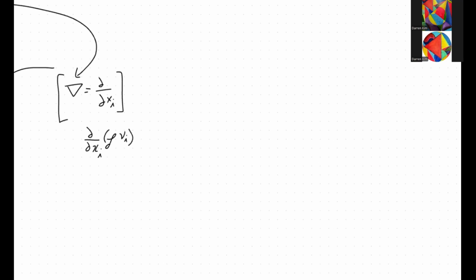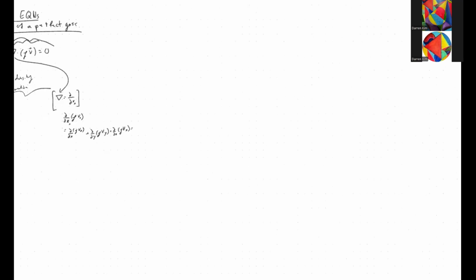So that's equivalent to saying derivative with respect to x of density times v in the x direction, plus derivative with respect to y of density times v in the y direction, plus derivative with respect to z of density times v in the z direction. Okay, so this equals that.